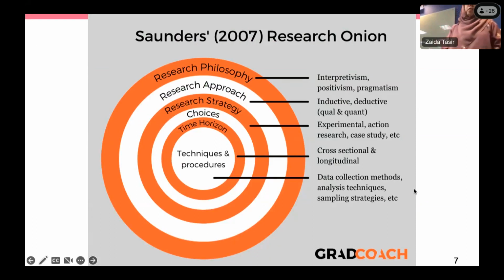And the philosophy can also be understood by using this. You can see that this is the philosophy, and the philosophy will guide the approach. If you would like to interpret why a phenomenon happens, of course you will do interpretivist, qualitative research, interview, observation. That is where it guides you.